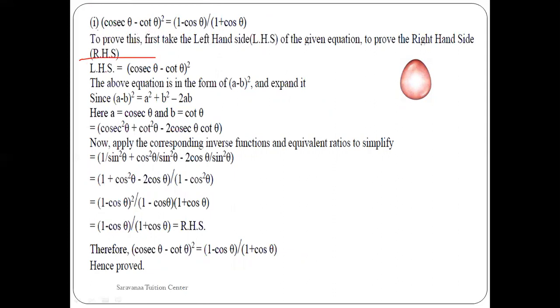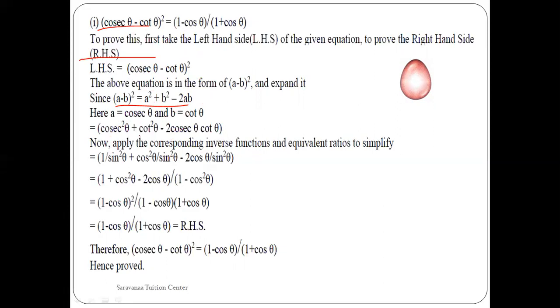LHS means this. Okay, this is a minus b whole square, that is a square plus b square minus 2ab. This is the formula for a minus b whole square. So cosecant square plus cot square minus 2 cosecant theta cot theta. Got it? Now next, cosecant square is the ulta of sine square. You change it as 1 by sine square.